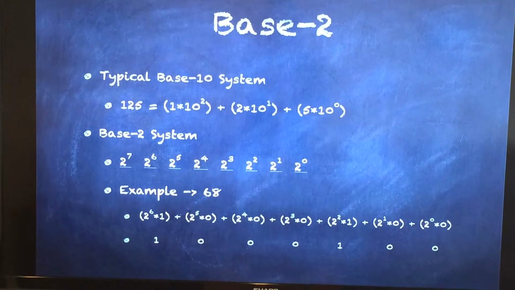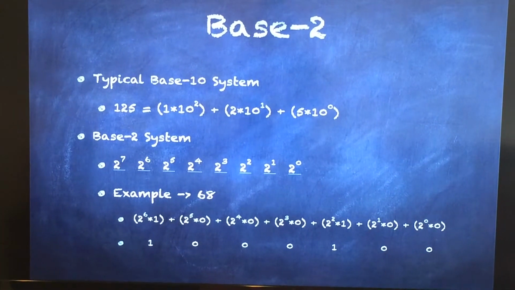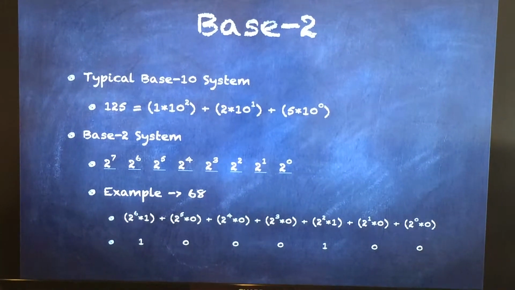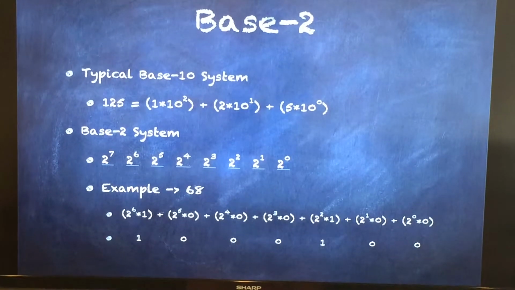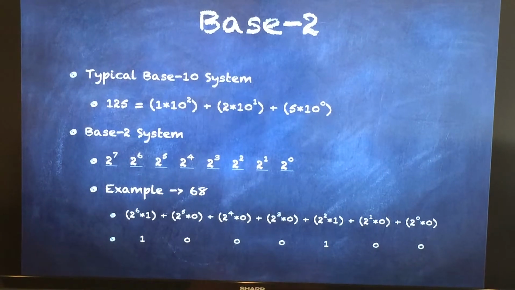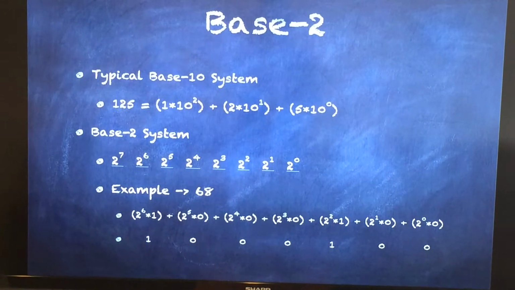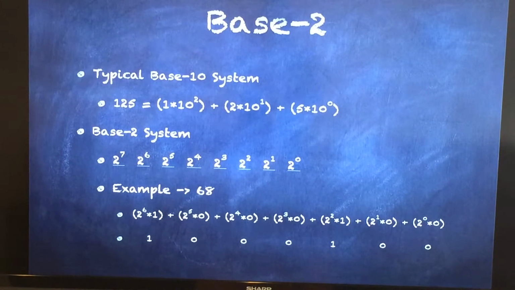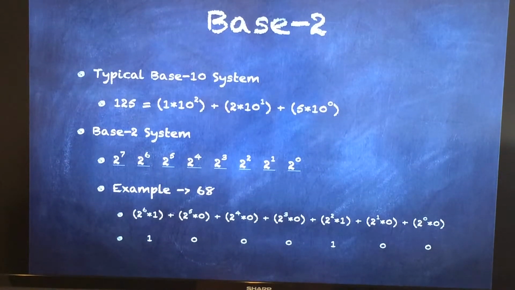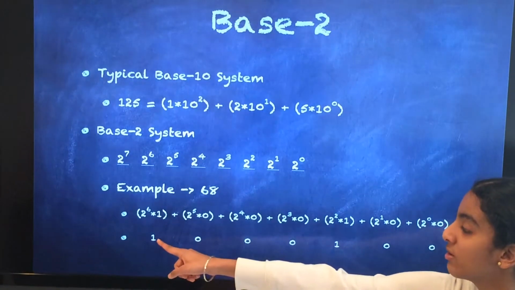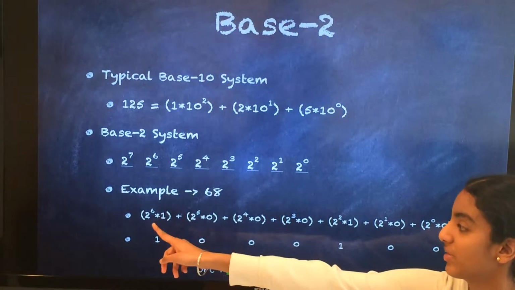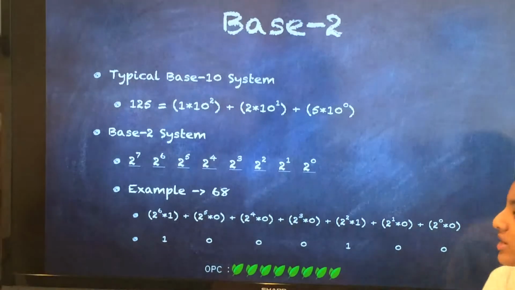The base 2 system works in the same way. Given the number 68, if we wanted to convert it into a base 2 number, we would have to see what the highest power of 2 that fits into 68 is. We can see that 2 to the 6 is equal to 64, and therefore in the column that would represent 2 to the 6, we would place a 1 as we are multiplying 2 to the 6 times 1.